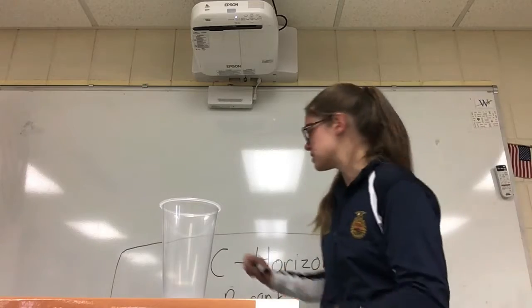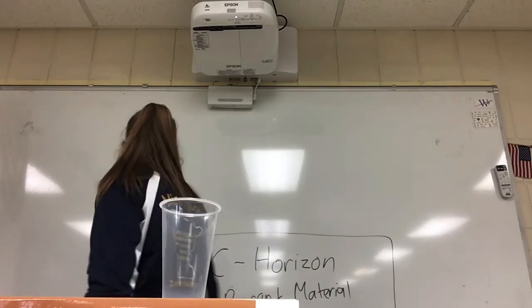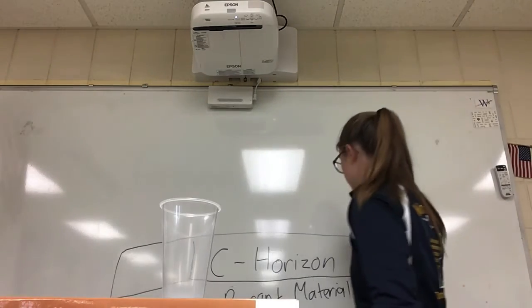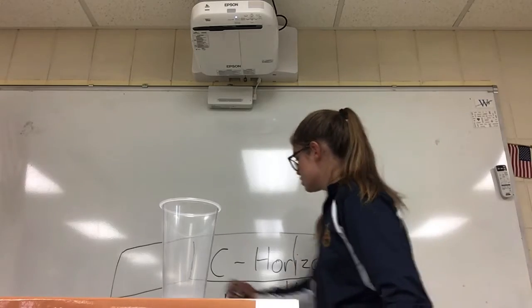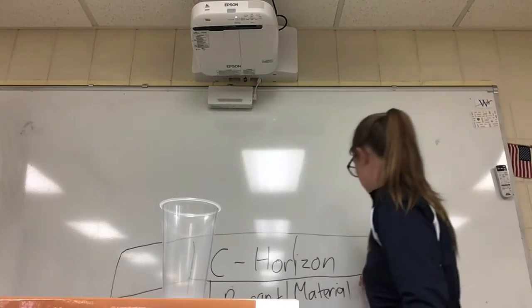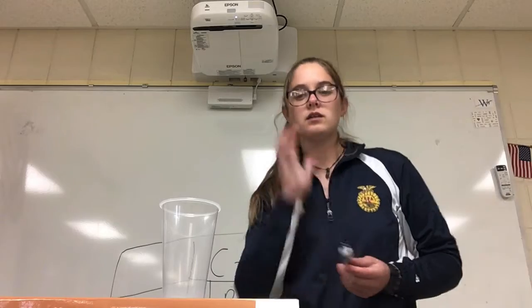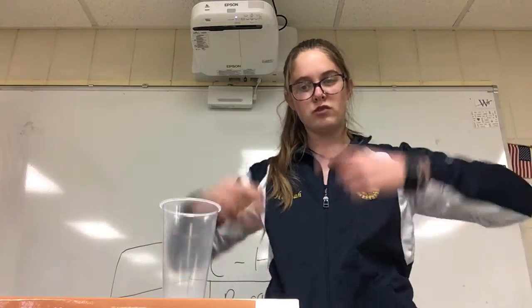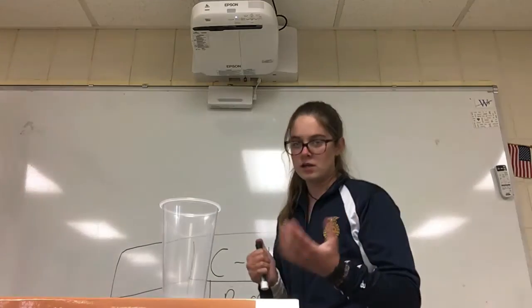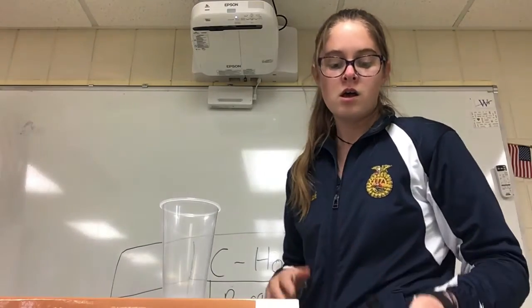And the C horizon's super rocky. Super rocky, so much so that life really doesn't do too much in the C horizon because there's no space for it to live. There's no air, there's no water. It's mostly just rocks. And they can be varying size of rocks.